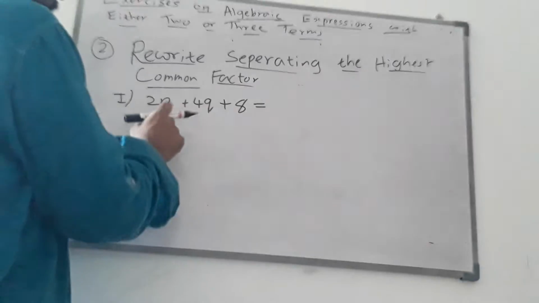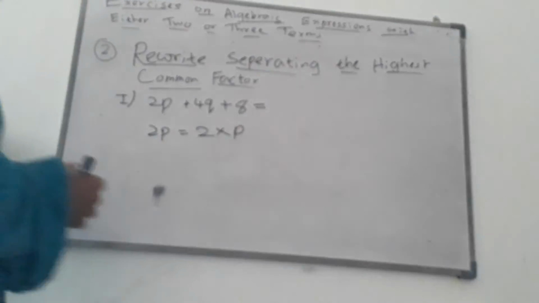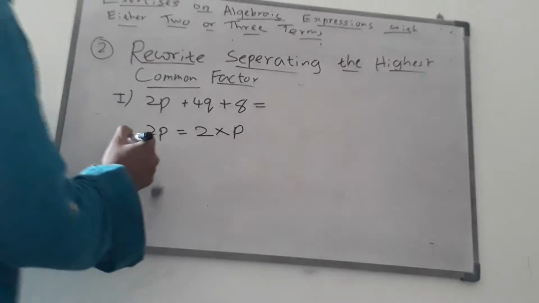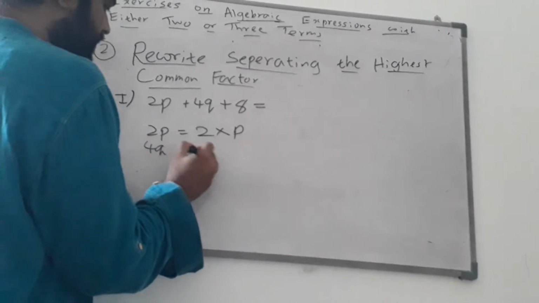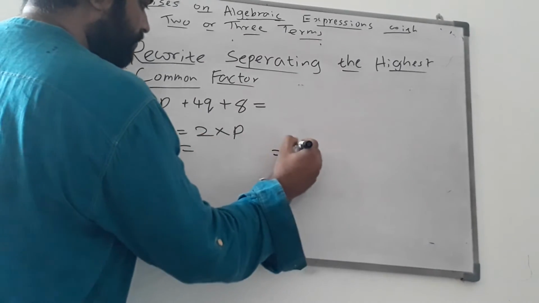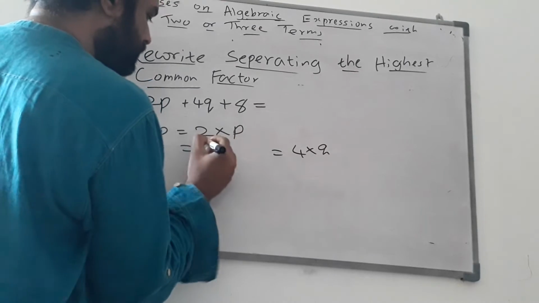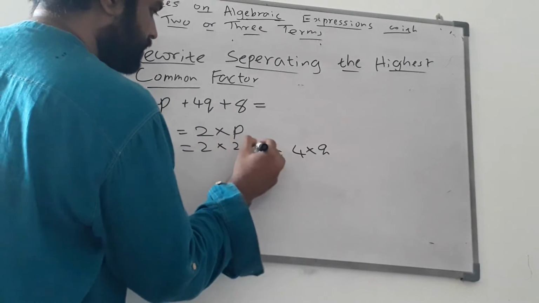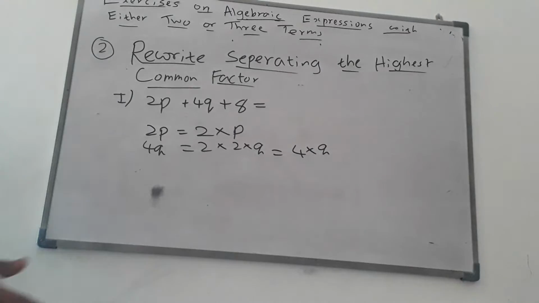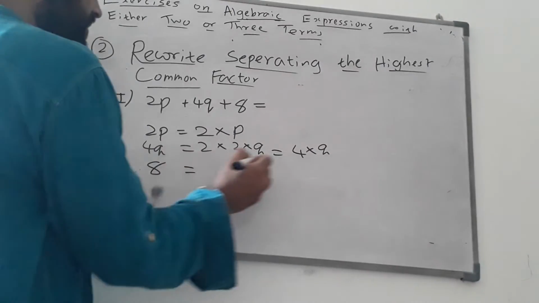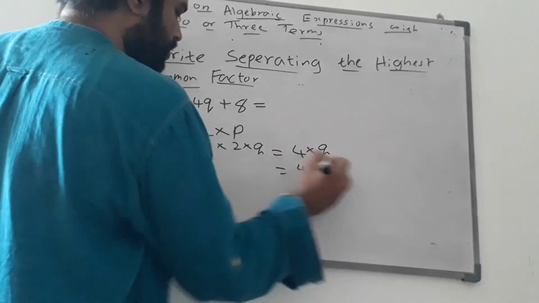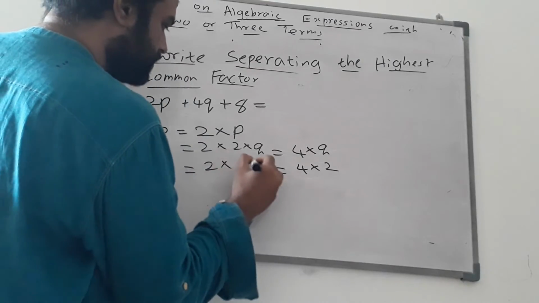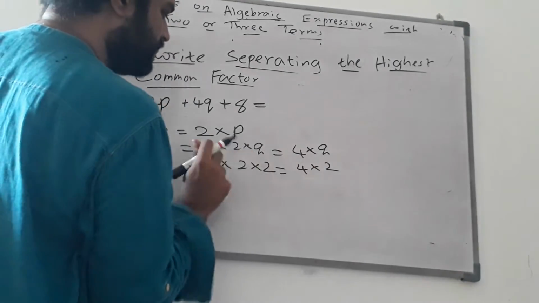Okay, 2 is a factor of 2p. 2p can be written like 2 times p. 2 is a factor of 4q as well, because 4q can be written like 4 times q or 2 times 2 times q. 8 can be written like 4 times 2 or 2 times 2 times 2. 2 times 2 is 4 times 2 is 8.